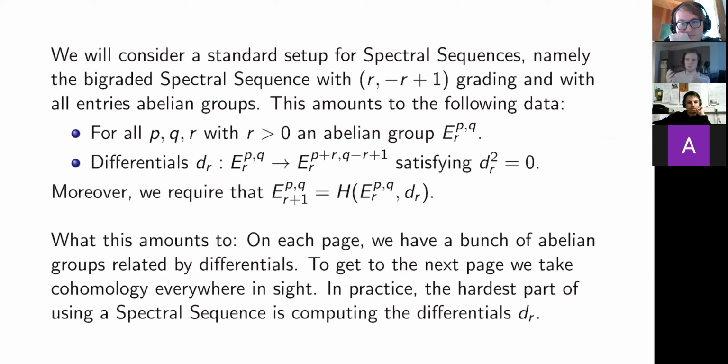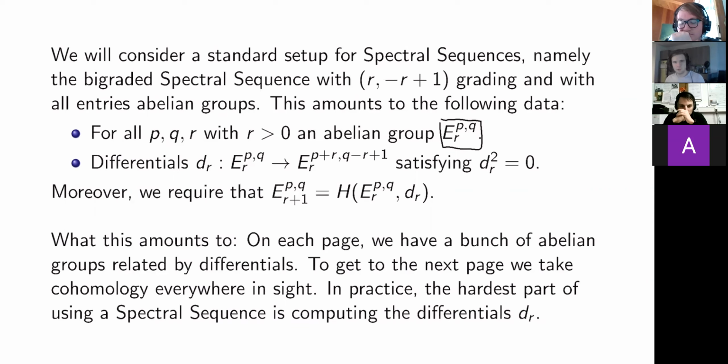We're just going to use abelian groups, or I guess also rings. For each p and q, you have an abelian group, and we're going to denote this E_r^{p,q}. What this means is you go to page r, you point your finger at the (p,q) spot in the grid, and that's going to be an abelian group.